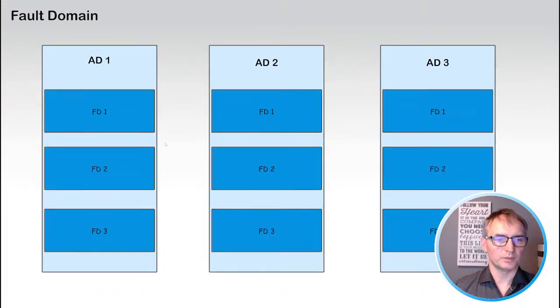Now, in each availability domain, there are three fault domains, fault domain 1, 2, and 3. Each fault domain is separated based on the network, power and infrastructure.